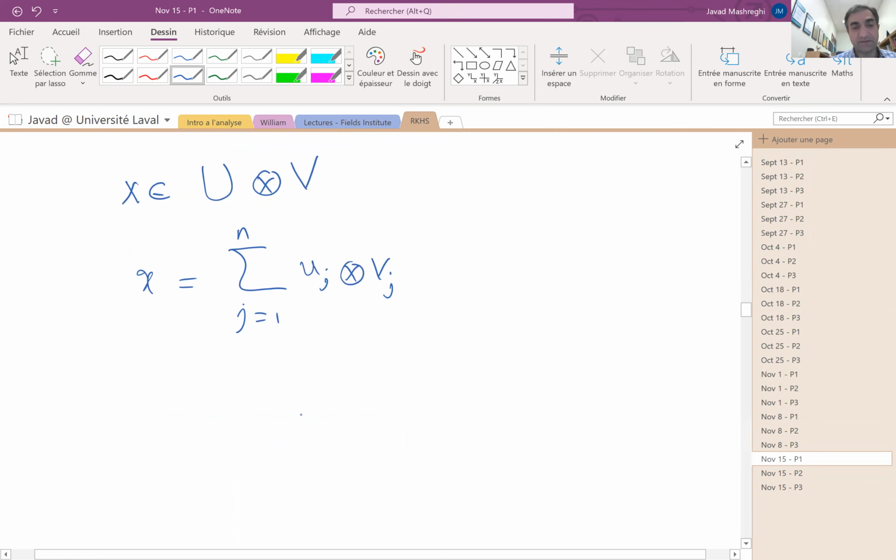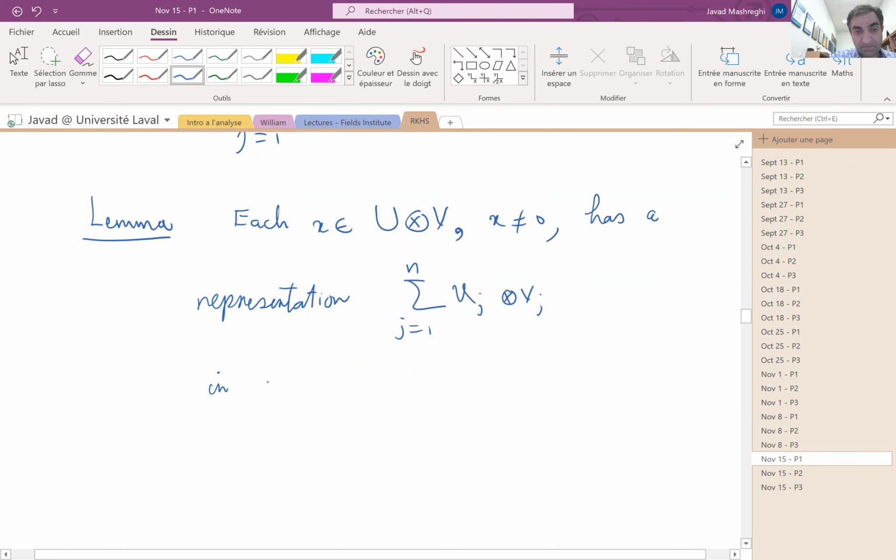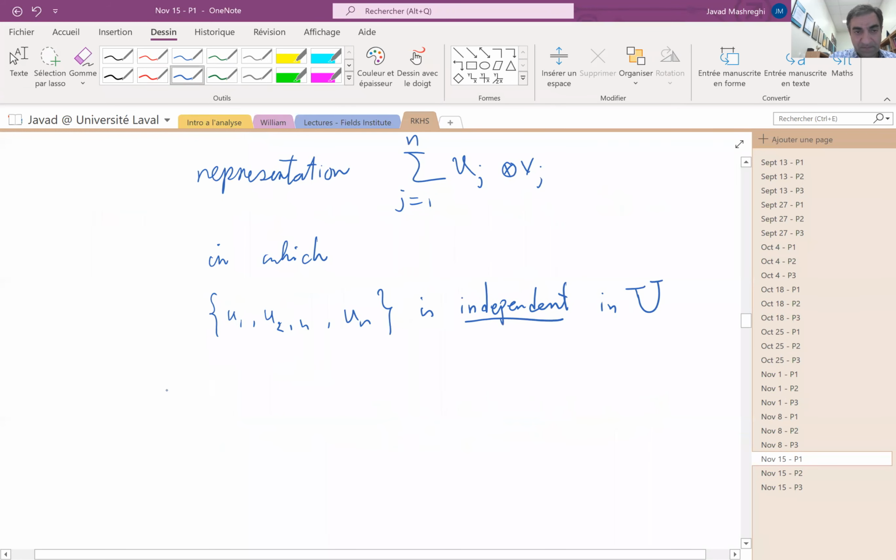Each x in the tensor product of U and V, x not equal to 0, has a representation, the sum over j from 1 up to n of Uj tensor Vj, in which the collection u1, u2, up to un is independent in U, and the other collection is independent in V.